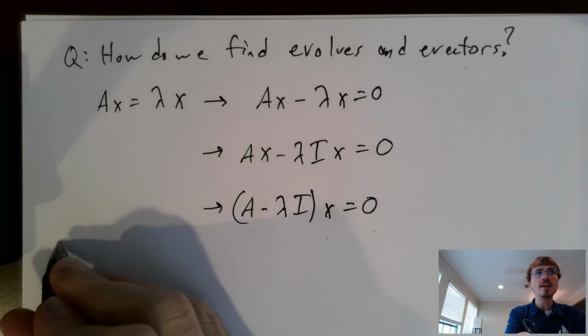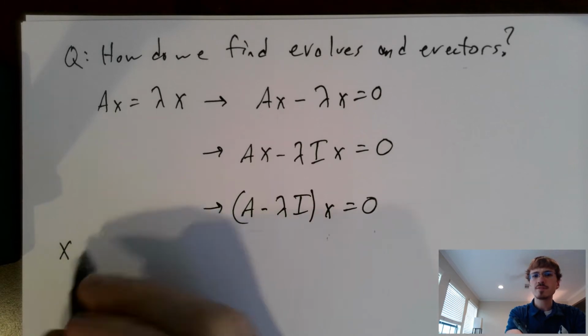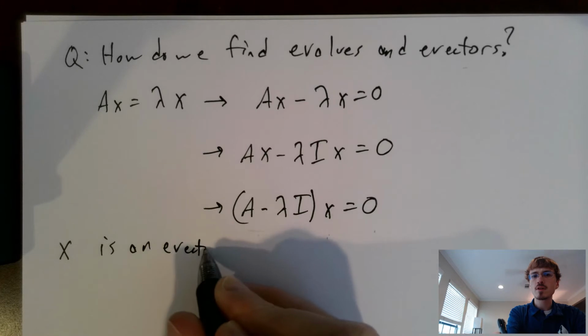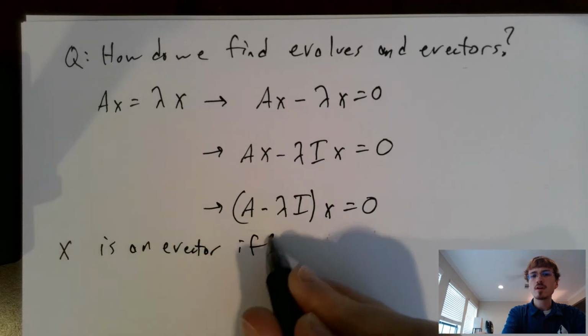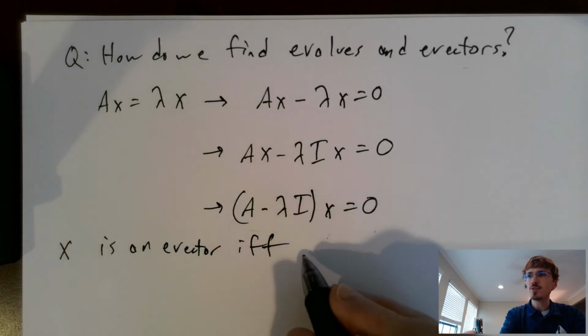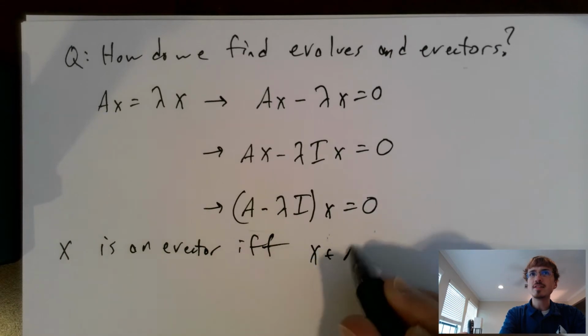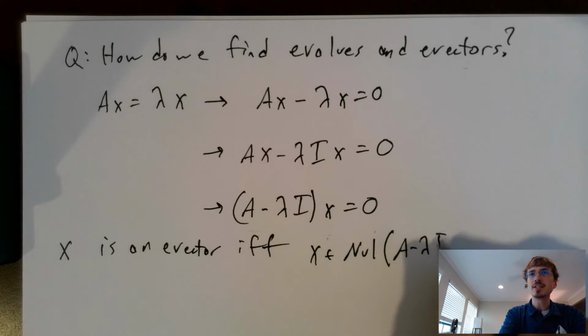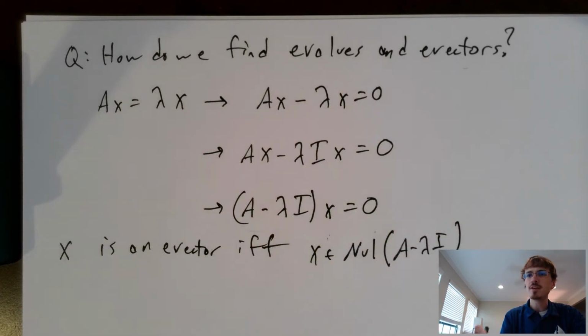An eigenvector is a vector x, and we have an eigenvector if and only if x is in the null space of this funny matrix A minus lambda times the identity. If A is an n by n matrix, then I is the n by n identity matrix.